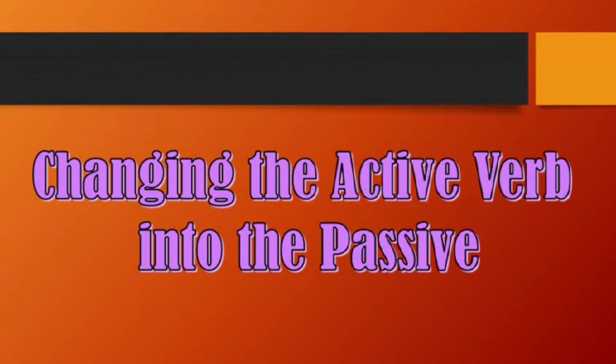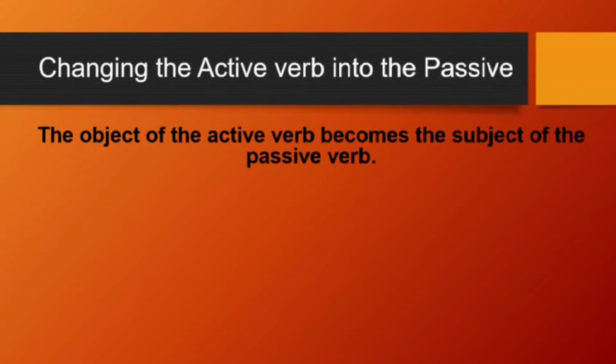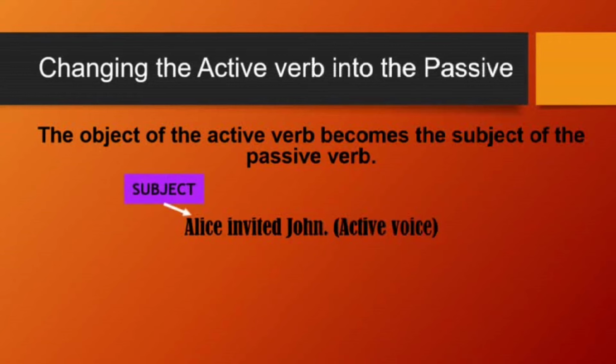Let's proceed to changing the active verb into the passive. When a sentence in the active voice is converted to the passive voice, the following changes occur. First, the object of the active verb becomes the subject of the passive verb. Let's have these examples. Alice invited John. It's in active voice. The subject is Alice.